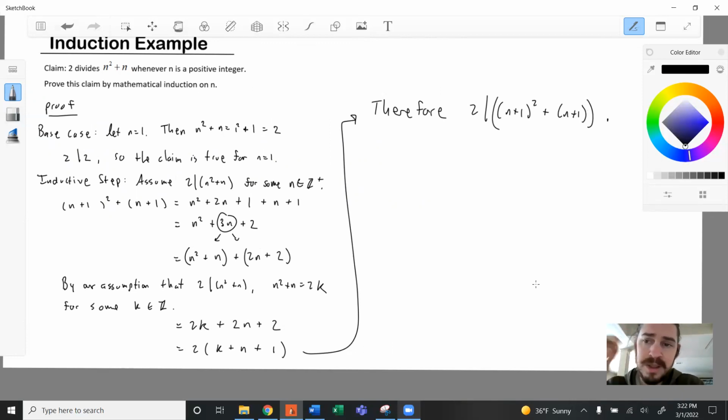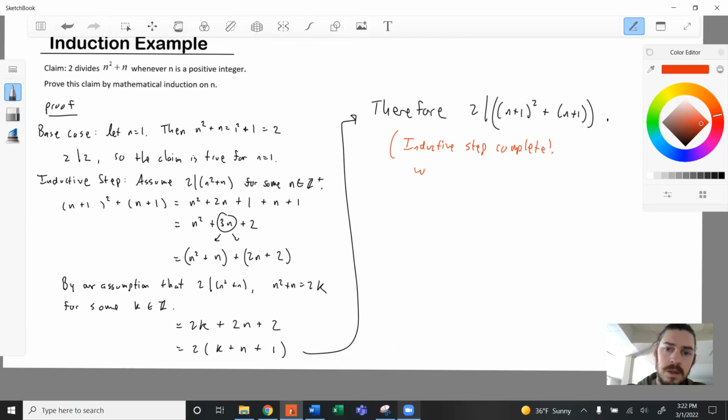So the inductive step is complete. We like to talk about what we have done together, because you and I are on this journey together. That's how you should think about it when you're proving something. You're taking the reader on a journey.